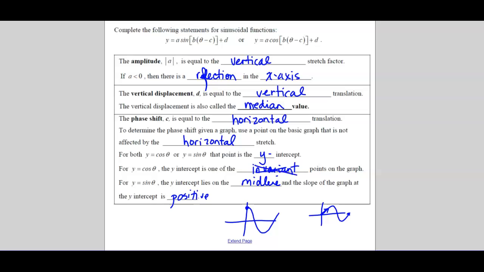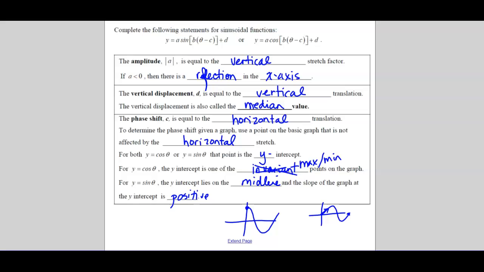I would actually, yeah, let's change that to max or min points. Alright, well, if it's just y is cos theta, then it's, oh. You know what I mean? That's why it's a little bit. If it has been reflected, but that y-intercept is a maximum on the original. If you reflect it, it's a minimum. Yeah, so good point there, Jackson.